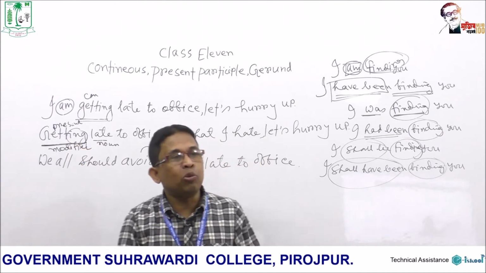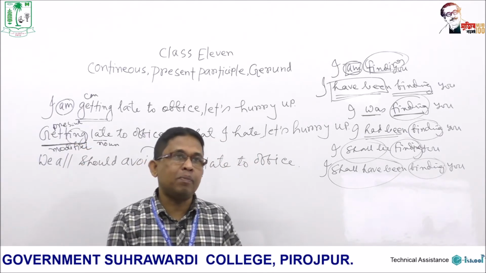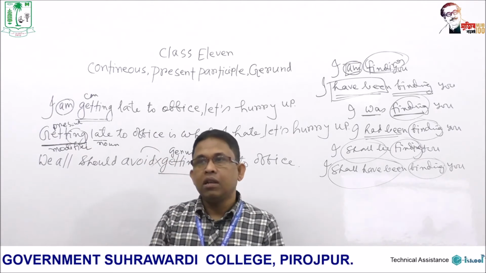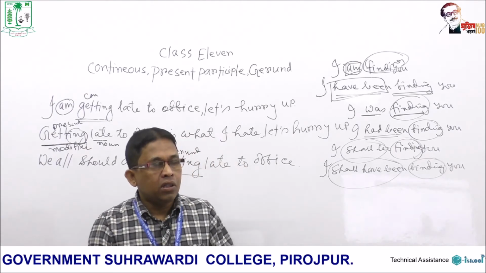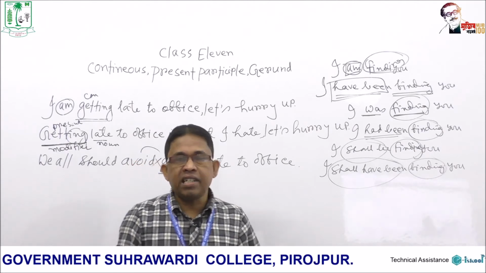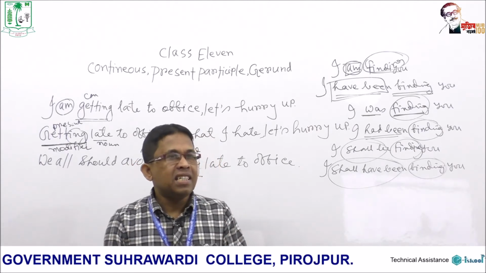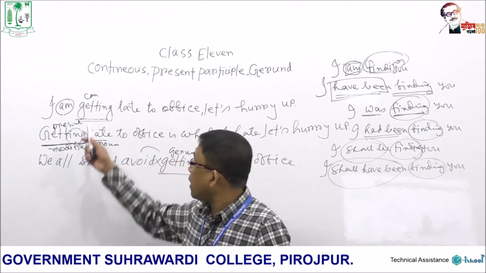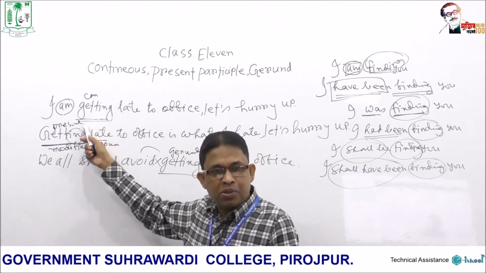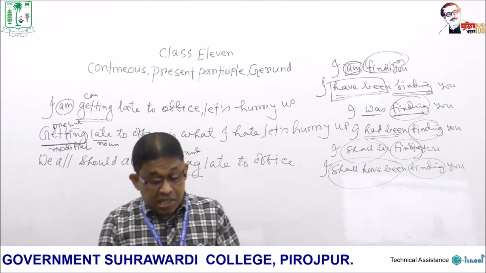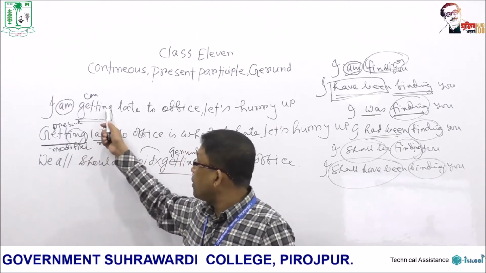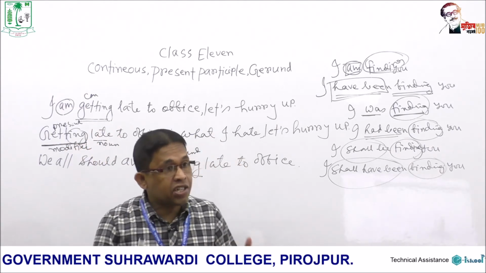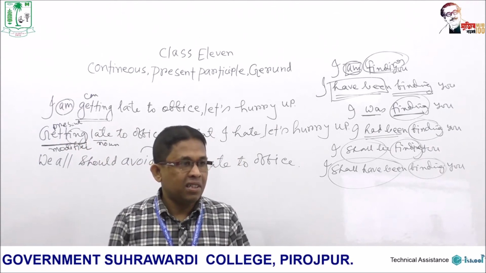So, how can we define a present participle? Number one, a present participle takes ing, that is, it looks exactly like the continuous form of verbs, of course, but it is different from continuous in its action, in its function.